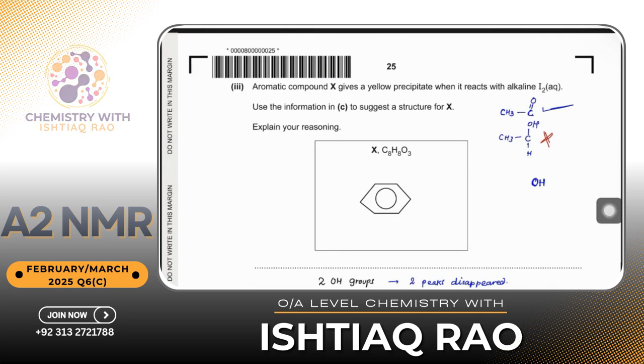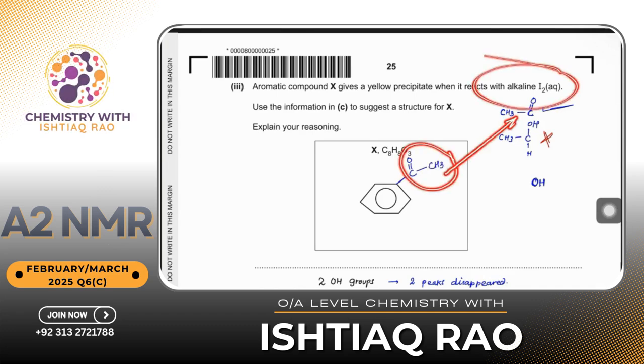And I must write CH3C double bond O somewhere. This group gives the positive test for alkaline aqueous iodine, right? Understood. Now I must have the two OH groups.